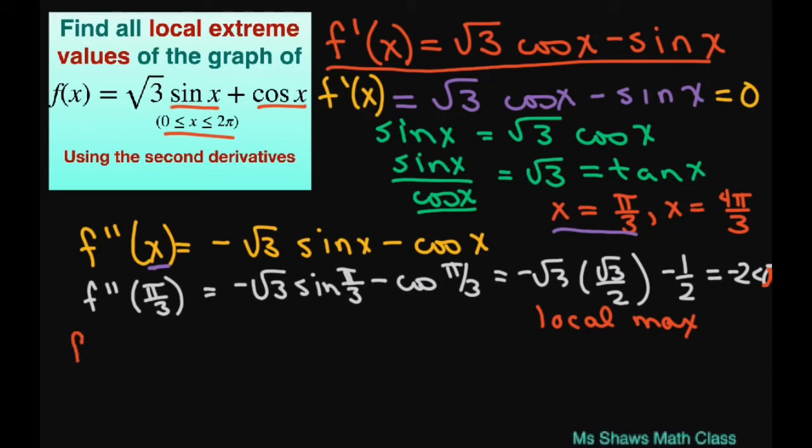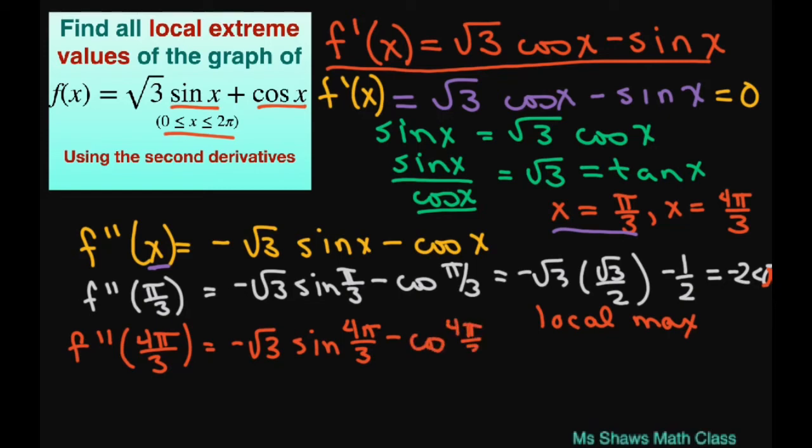Now let's do f double prime for 4 pi divided by 3. And that's going to give you negative square root of 3 sine of 4 pi divided by 3 minus cosine of 4 pi divided by 3.